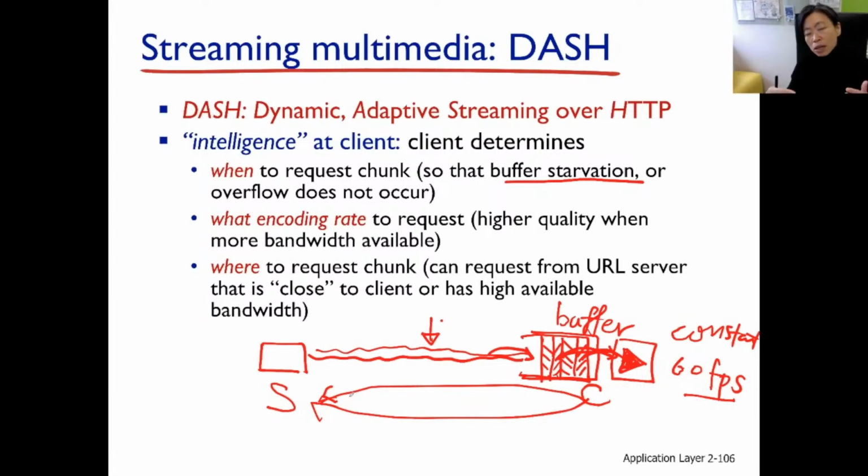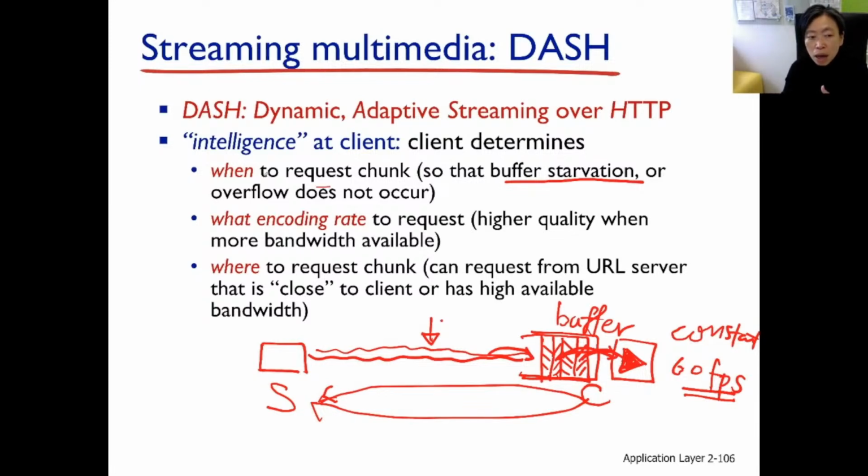How about I download another version of the video such that the rate is lower? I'm okay with the lower quality, because otherwise I will not be able to sustain the frame rate I was looking for. So usually you'll be automatically switched down to a lower resolution or a lower frame rate, just to ensure smooth playing back of the video frames.